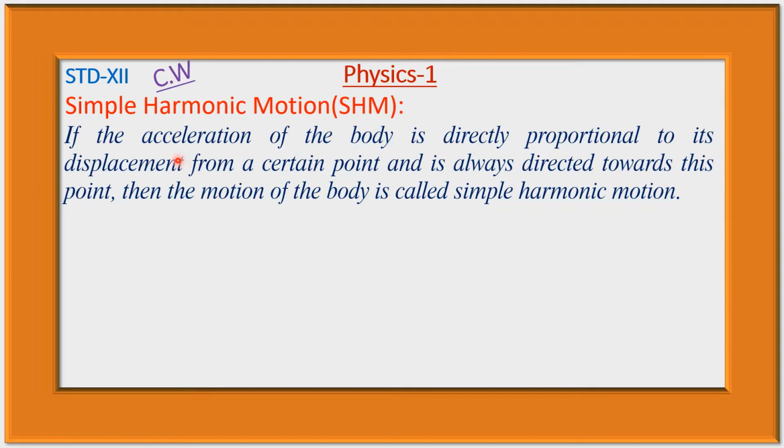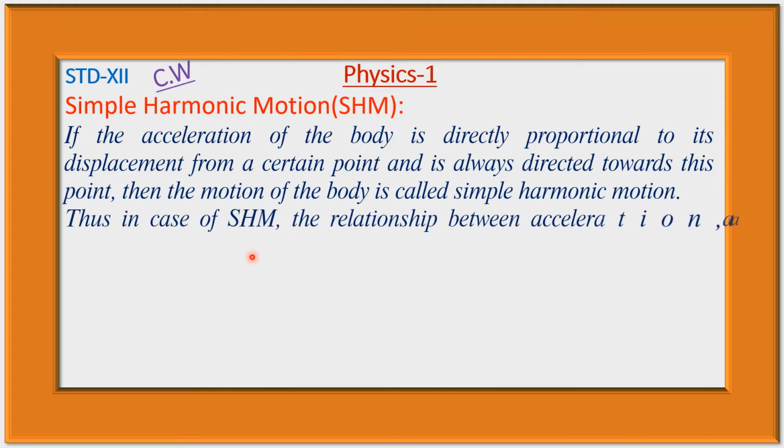That is, acceleration is directly proportional to its displacement from the equilibrium position, and acceleration is always directed towards this equilibrium point. This type of motion is simple harmonic motion.